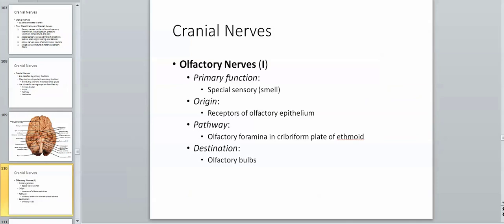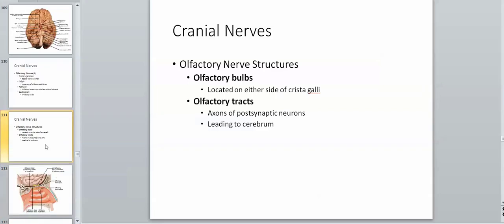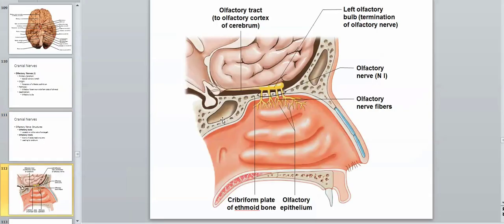So here's our olfactory nerve. It brings information about smell, starts in the olfactory epithelium, goes up through the cribriform plate of the ethmoid bone, and then synapses on the olfactory bulbs. That's an important one to know. I would know that one. The next one would be, oh, here's a picture of it. Here's our olfactory nerve.